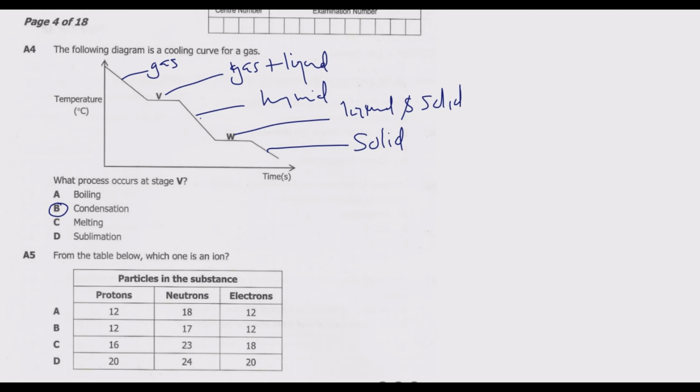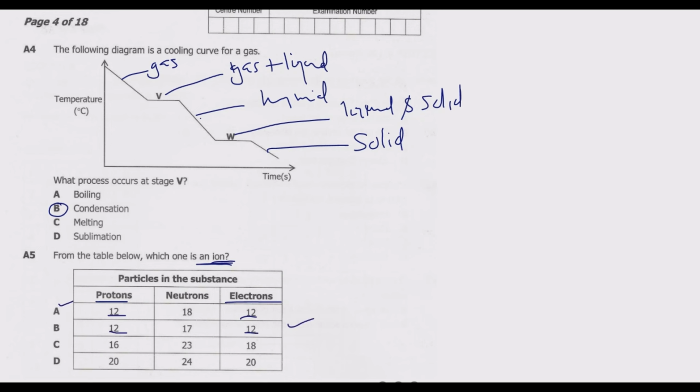So now what we need to see is the one that has protons and electrons not equal. That one will carry a charge. So this is 12, correct, so A is okay.